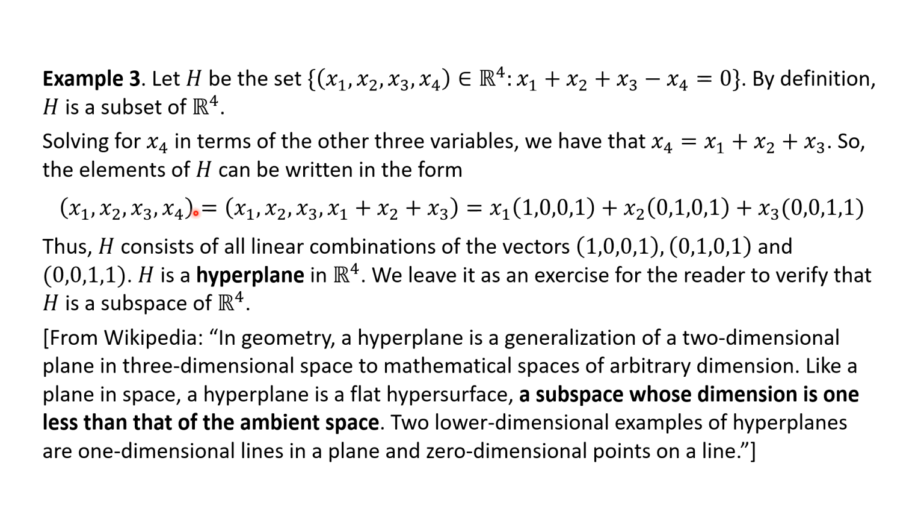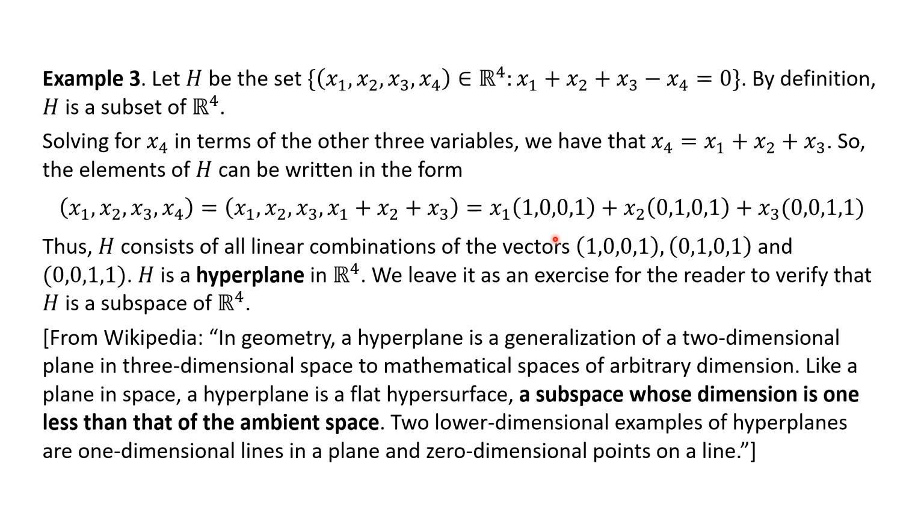We can plug that into our 4-tuple, so I've done here, and then we can take out the term that has an x1 in it, so it'll be the first position and the fourth position, and then we can add that to the term that has an x2 in it, the second and fourth position, and then the same for x3 in the third and fourth position. And so every element of this set H is a linear combination of these three vectors.